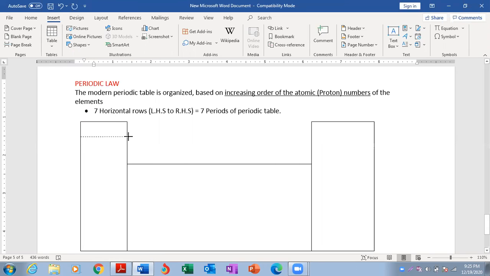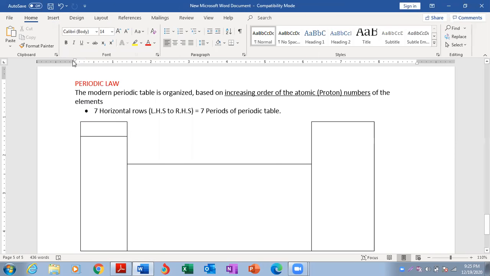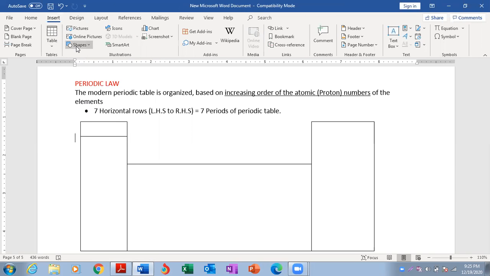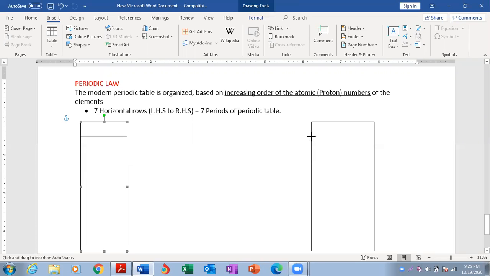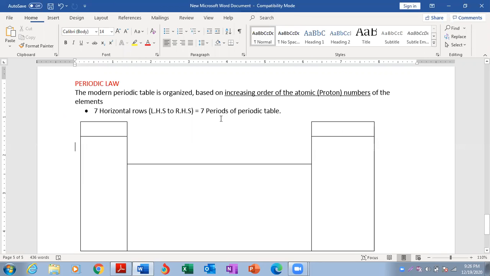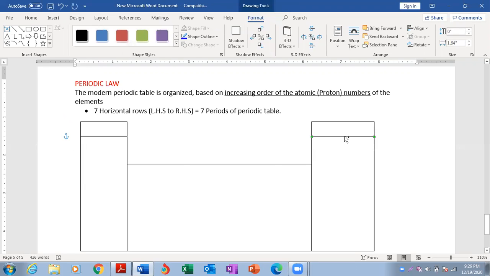This is period number 1 and this is period number 2. And this is period number 3. So we have basically 3 periods here.